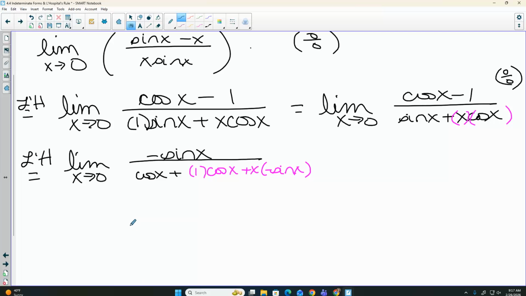Okay, gotten kind of ugly. Let's see. If I put in a 0, sine of 0 is 0. Cosine of 0 is 1. Plus cosine of 0 is 1. Plus 0. So we have 0 over 2, which is 0. So it got ugly, but we were able to evaluate it at this step.